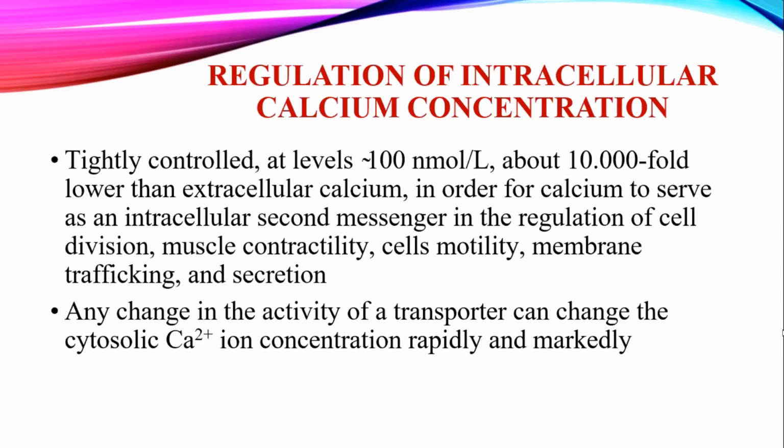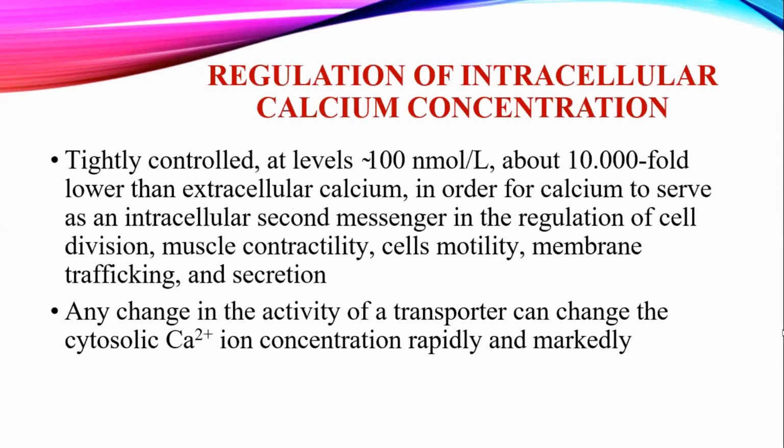Now the next topic is the regulation of intracellular calcium concentrations. You are all familiar with calcium homeostasis, that is the extracellular calcium, the maintaining of the serum level of calcium, which you studied during first year.